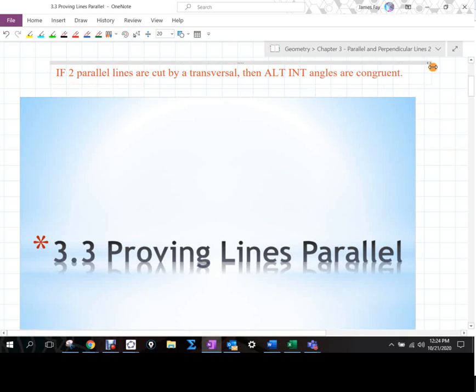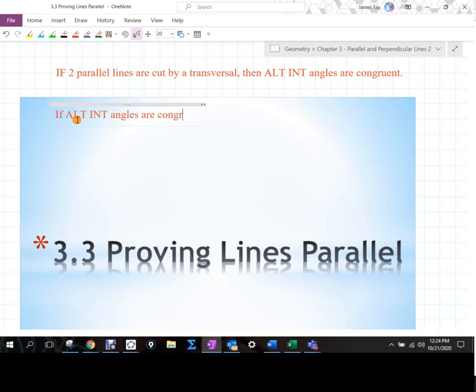That's an if-then statement, correct? The converse of that would be: if alternate interior angles are congruent, then the two lines cut are parallel. It's weird to word it as 'then two parallel lines are cut by a transversal,' so I'm just going to say the two lines cut are parallel.